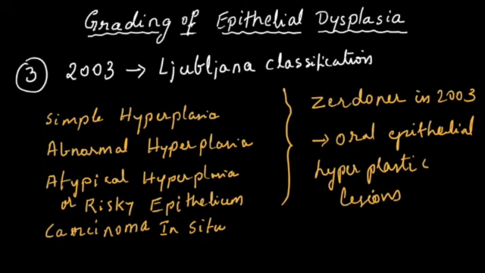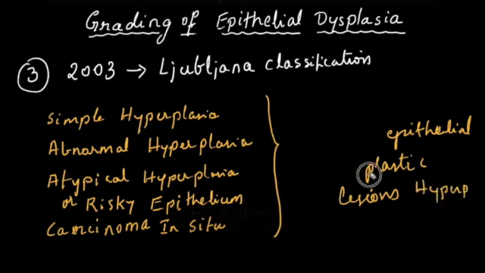This classification system basically gives us a progressive model of grading, that is an epithelium from simple hyperplasia changes to abnormal hyperplasia, then to atypical hyperplasia, which poses some risk hence called risky epithelium, leading to carcinoma in situ, and finally progressing into a malignancy, that is squamous cell carcinoma.